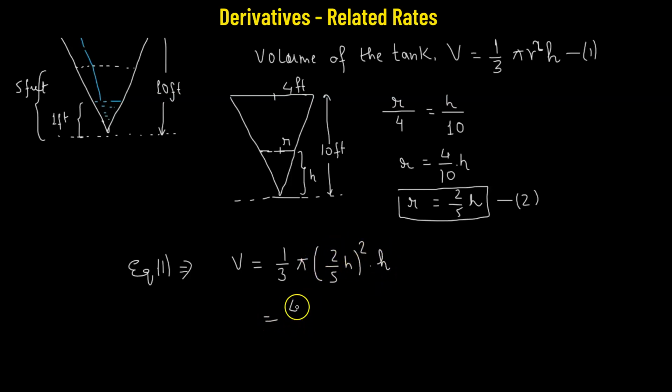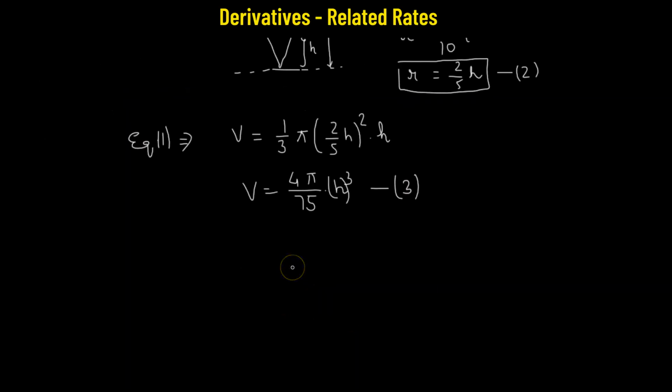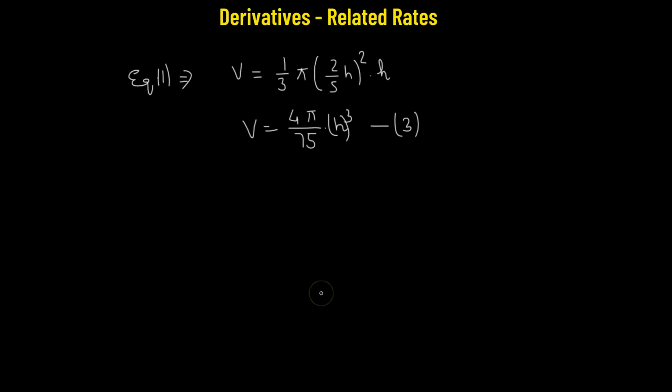So 2 squared is 4, so we have 4 pi divided by 5 squared, which is 25, 25 times 3 is 75, times h cubed. So this is the volume of the tank with respect to the parameter h, which is the height of the cone. Now let's take the derivative on both sides with respect to time.